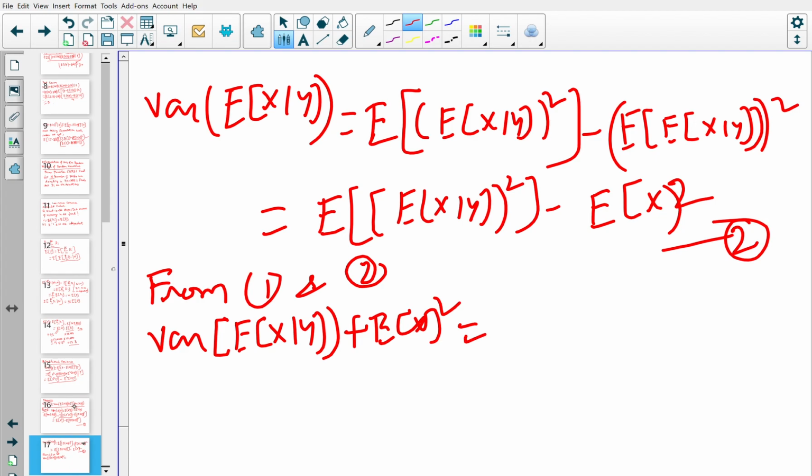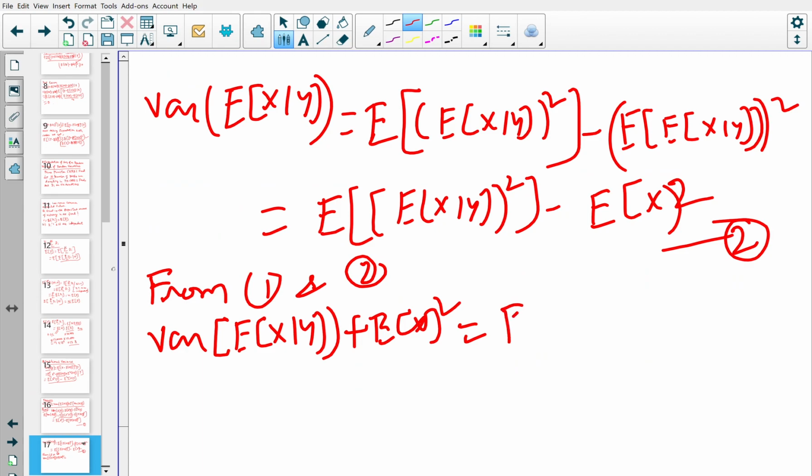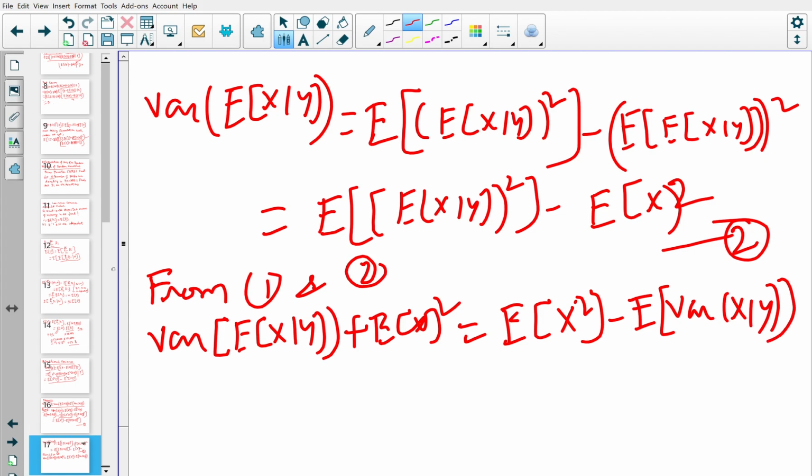On the other hand, from equation 1 you'll have expectation of x square minus this quantity, so expectation of x square minus expectation of variance of x given y, right? Now if you take this thing to this side, expectation of x square minus expectation of x whole square is nothing but variance of x.